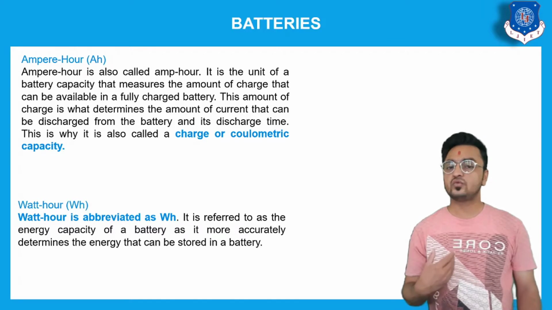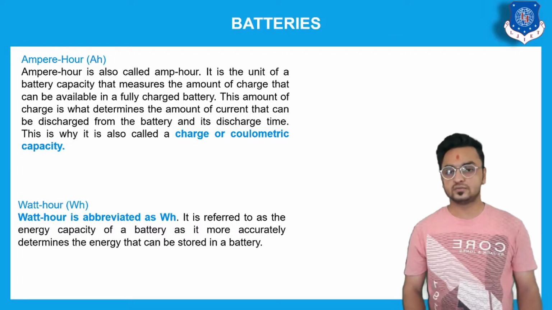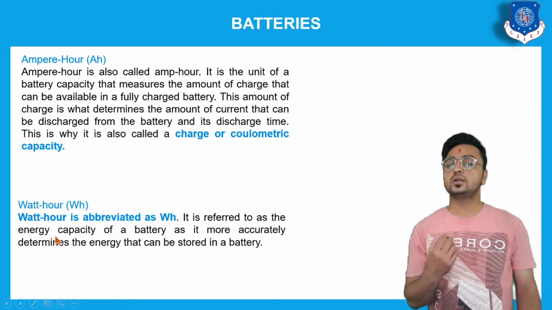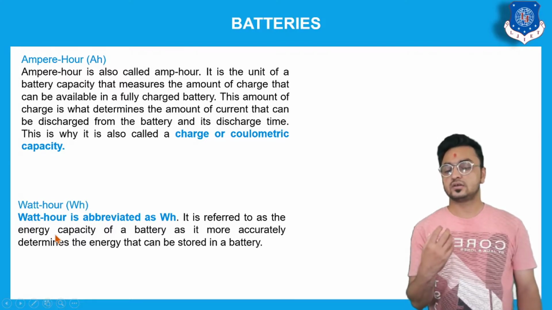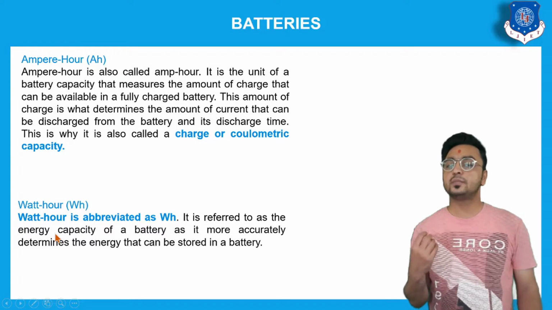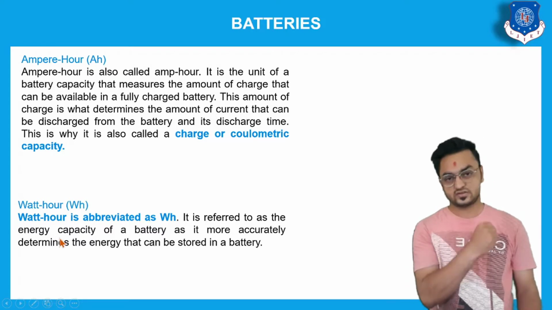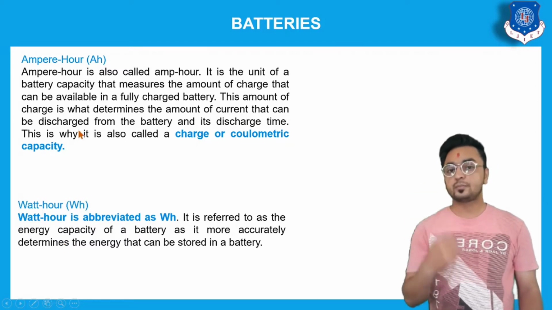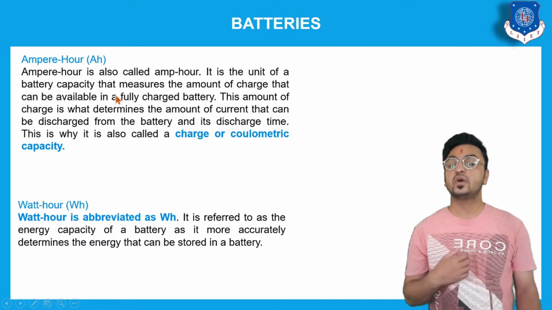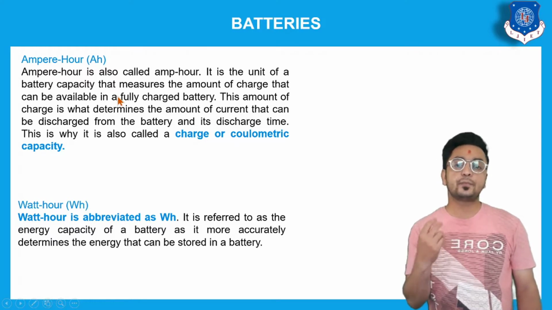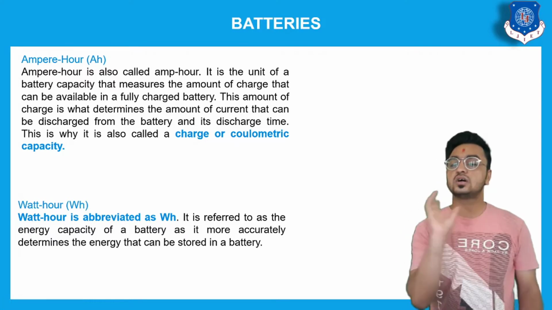And in the same way as we discussed for ampere hour, it is the rating of the battery which will define how much power will be supplied to a particular application for particular hours. In our previous definition, we calculated by that rating how much current can be provided by the battery for particular hours.